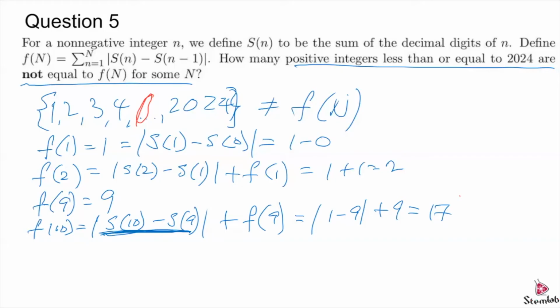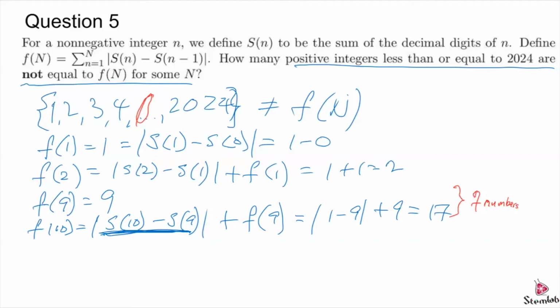For example, the next ones will be f of 20, f of 30, f of 40. So the skips will happen every time we hit a multiple of 10. Here, if you notice, we skip 7 numbers. Now the question is, is that true also for f of 20?